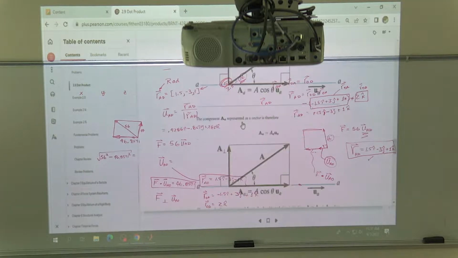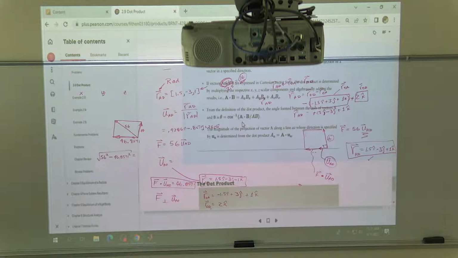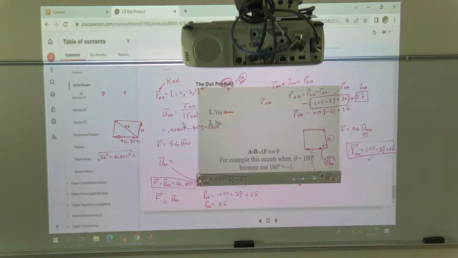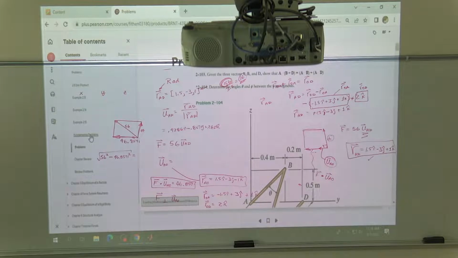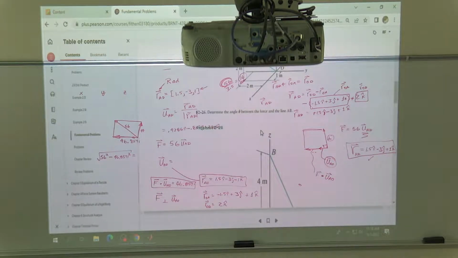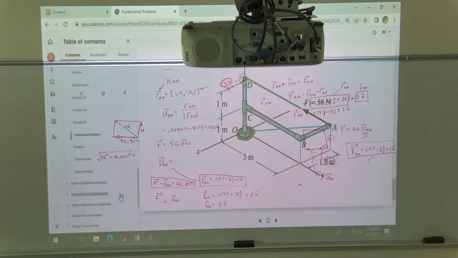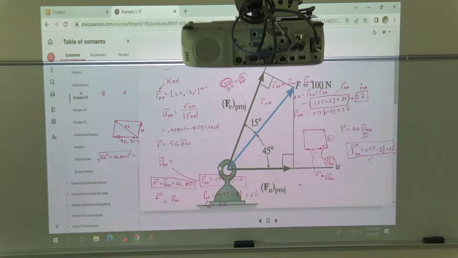He may not do it here, but okay. Important points. Oh, and then it's done. Oh, I was on fundamental problems, wasn't I? Yeah, I was on the last one. So maybe in the problems is where he does it. Let me see where one of the problems is.